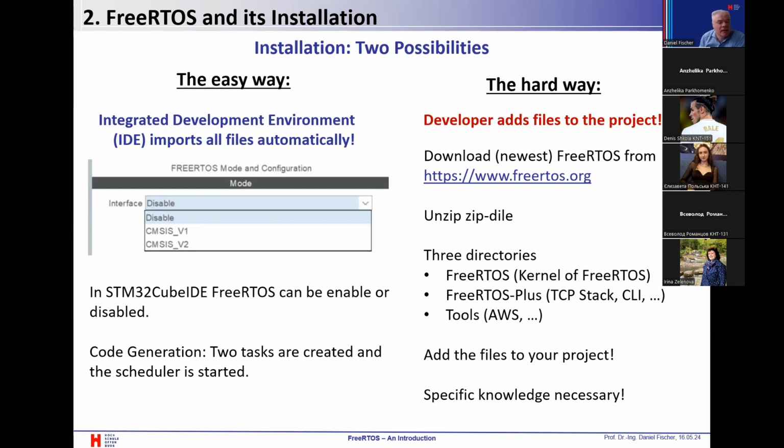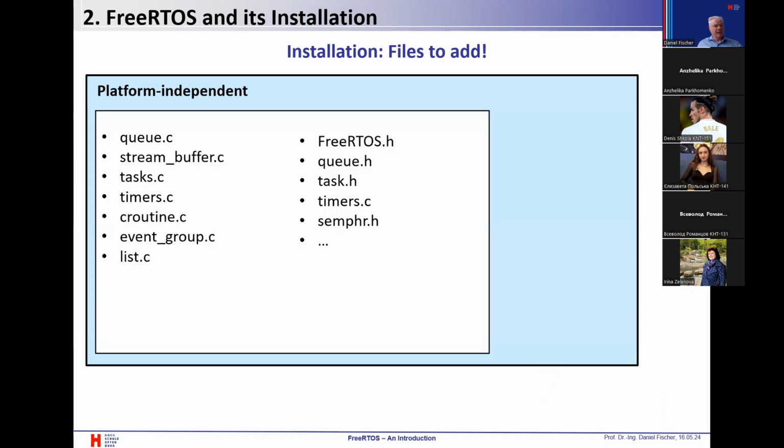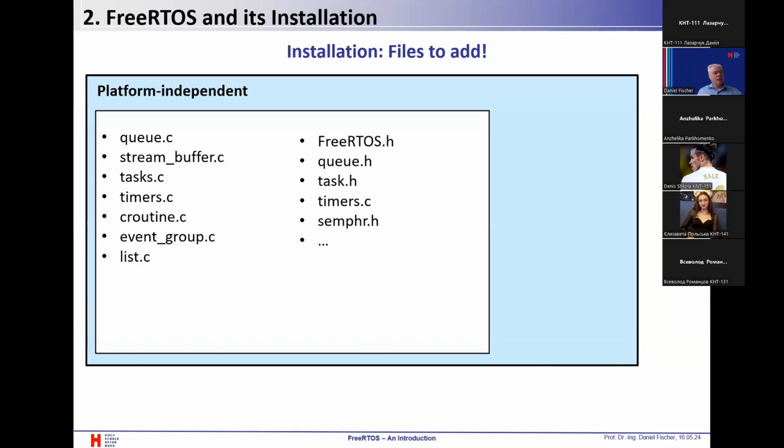Okay, I made a short overview slide for you. If you add the RTOS files on your own, you have to know what you have to add. There are files that are platform independent. That means these files do not contain any code specific to your microcontroller.